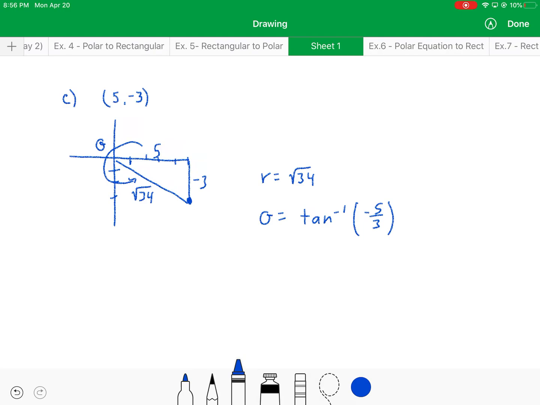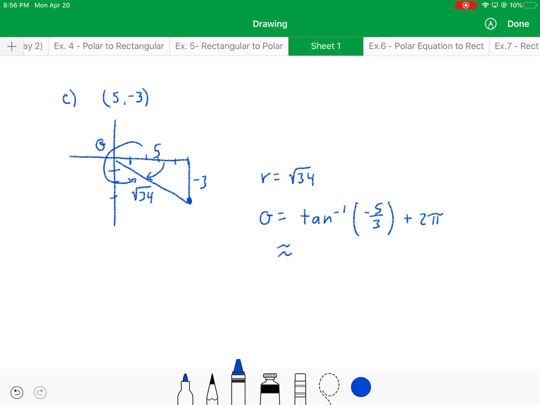Which inverse tangent of negative 5/3 is. The only issue is that inverse tangent of negative 5/3 is a negative value. It's expressed in the negative direction, right? So all I need to do in this case is add 2 pi to get a coterminal angle in order to keep my value for theta between 0 and 2 pi.